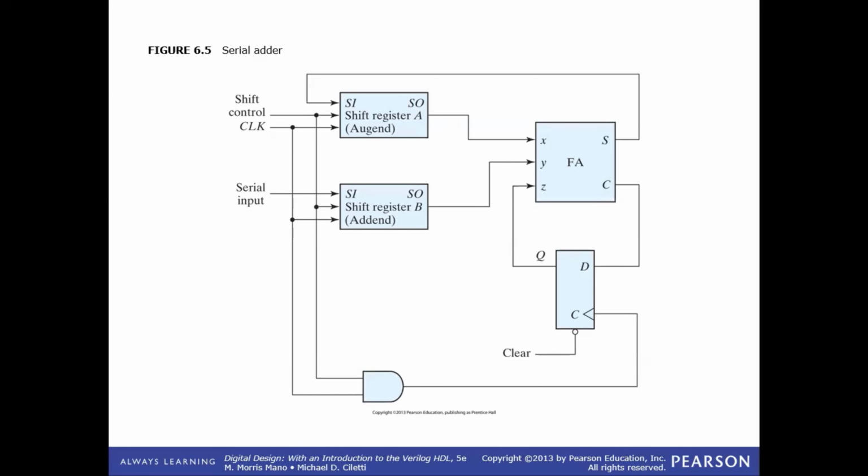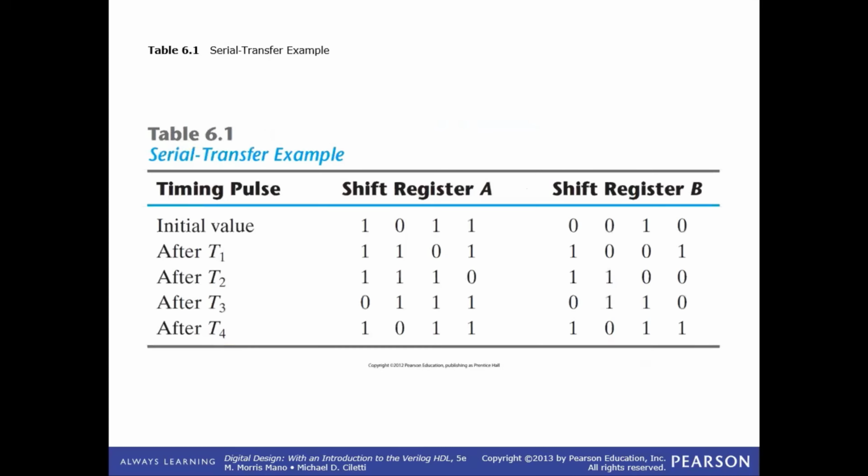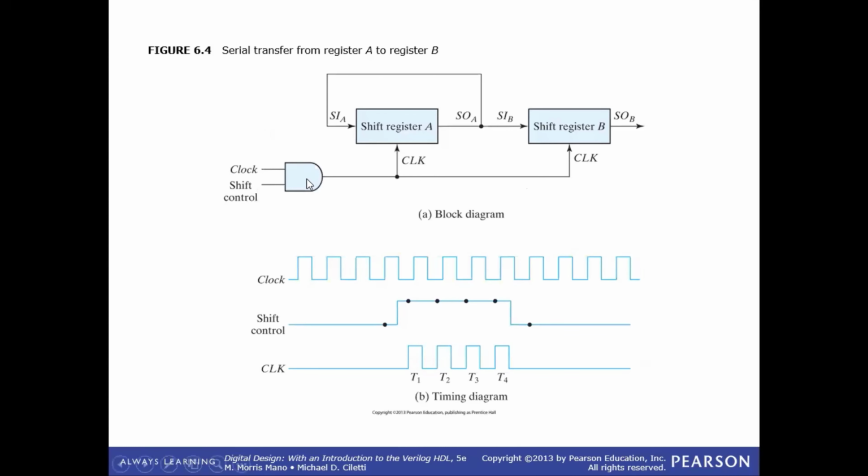Yes, sir. Okay. So from this circuit, we came to know that we only need to shift register A to B when we have this clock and shift control both active.